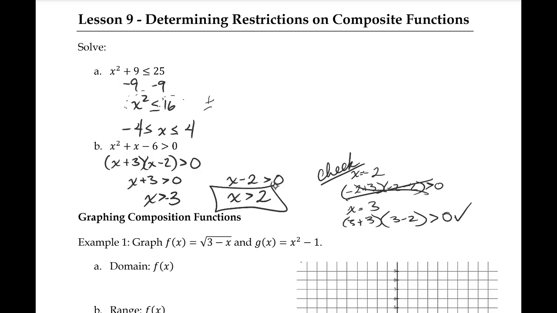And when I plug in negative 2, which would satisfy this inequality, I still resulted in this equaling 0, which is not okay because it had to be greater than 0. It could not be equal to. But when I check positive 3, which is bigger than 2 here, and I plug that in, that satisfies my inequality. So I'm going to work with that particular restriction.